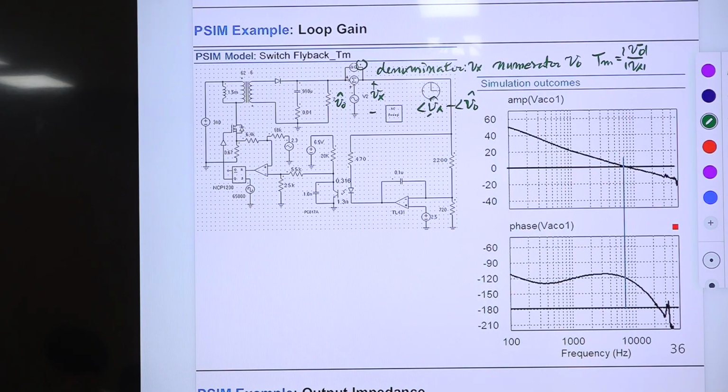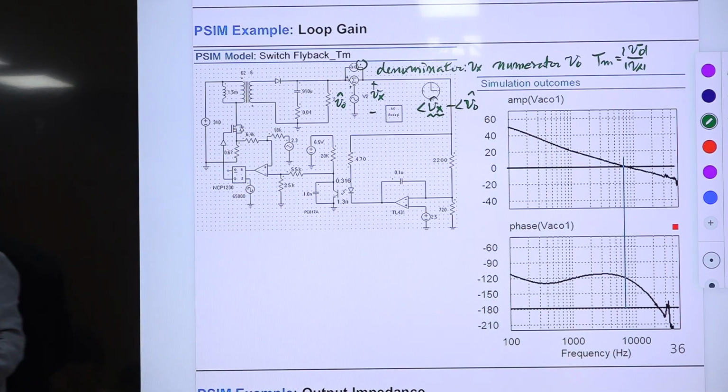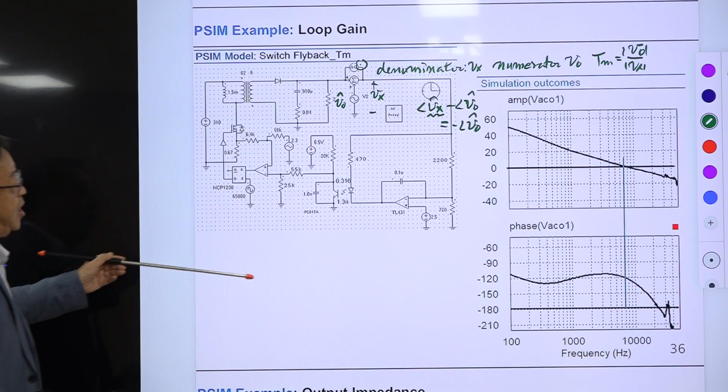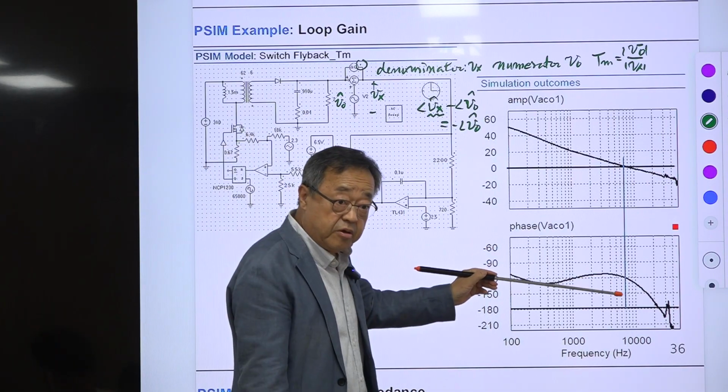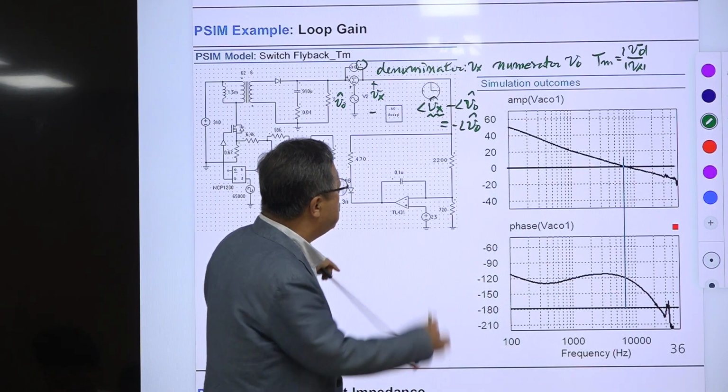We are assuming this is the reference, so it can be considered 0. So what you are seeing here is minus this one. Okay, that is the loop gain phase here. So you are using this minus sign to cancel.